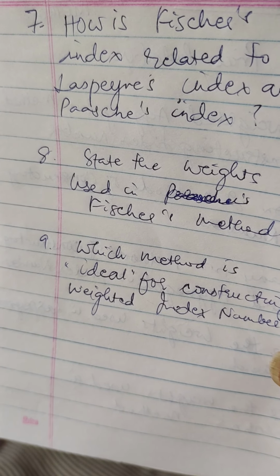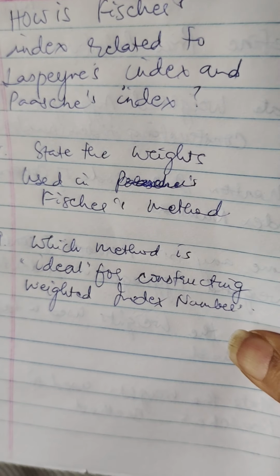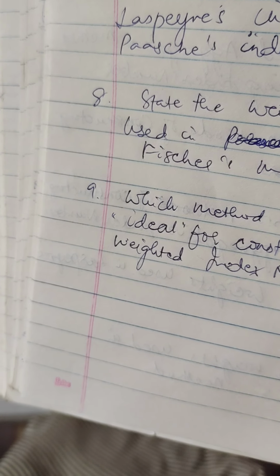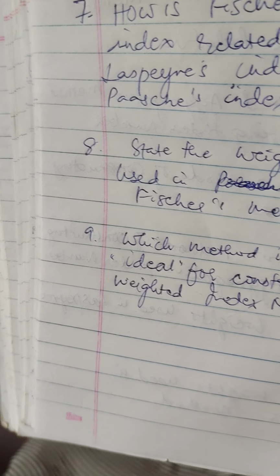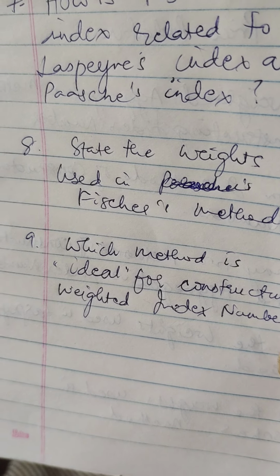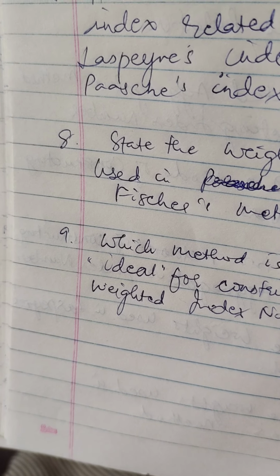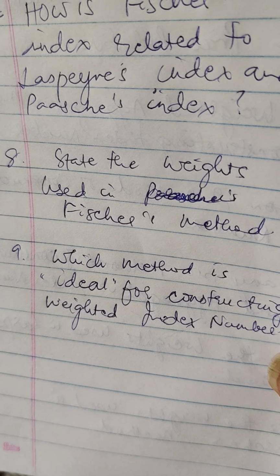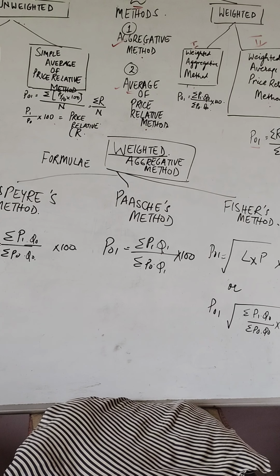Then the next is, state the weights that are used in Fisher's method. So what are the weights used in Fisher's method? Quantities of the commodities in the base year as well as quantities of the commodities in the current year. Both are used. Why? Because it's using Laspeyres' as well as Paasche's method.